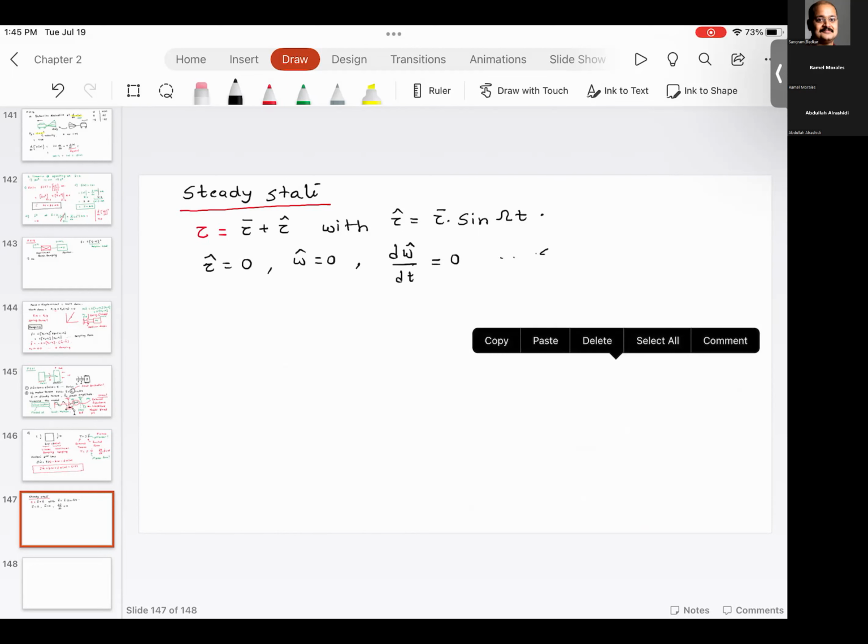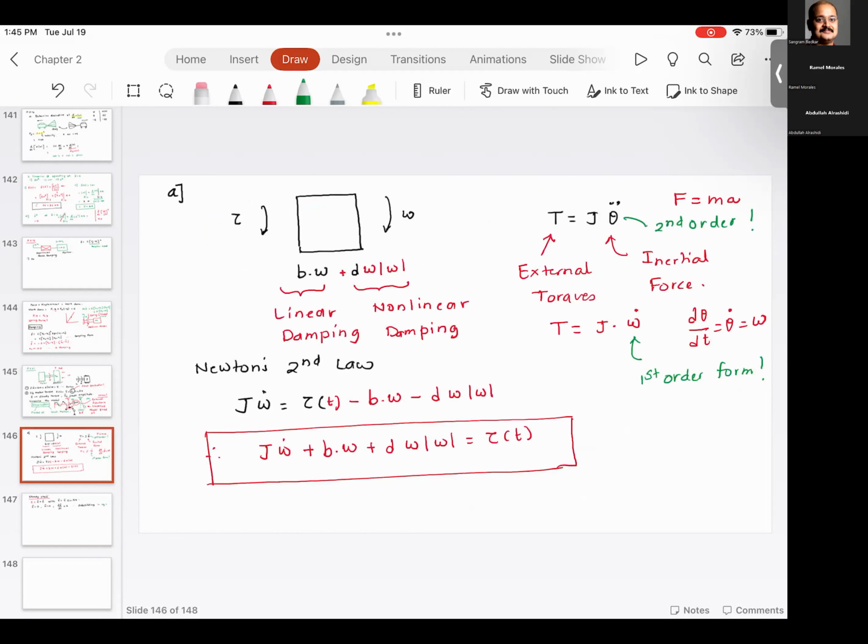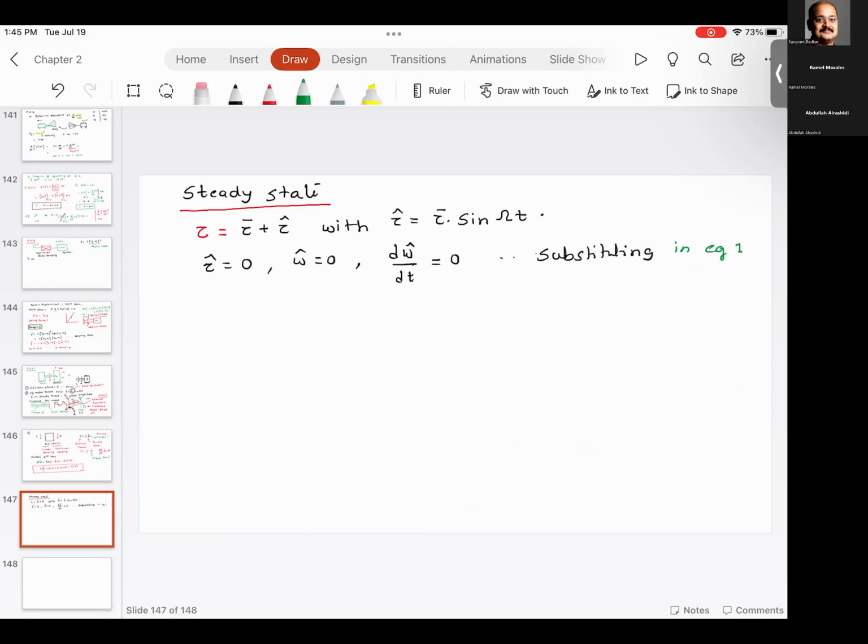Substituting this in equation 1, you are going to substitute all these values. This guy becomes 0, and you would get 0 plus b omega bar plus d omega bar square is equal to tau.